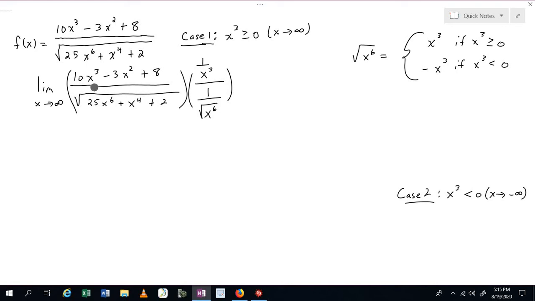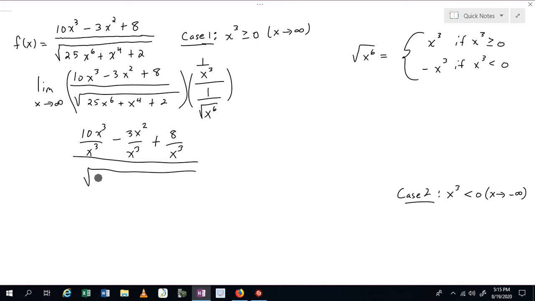When you distribute it to the first term, you're just left with 10x cubed over x cubed. Here you're left with negative 3x squared over x cubed, and then here you get 8 over x cubed. Then on the bottom, you get the square root, all divided by the square root of x to the 6th.